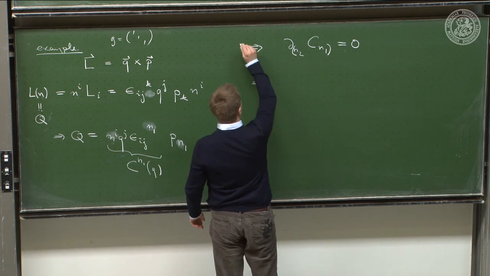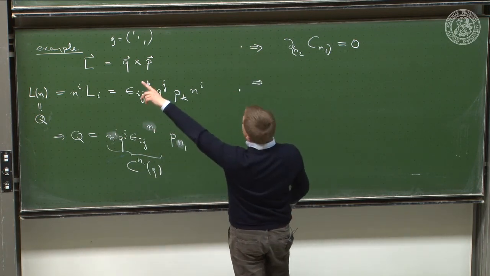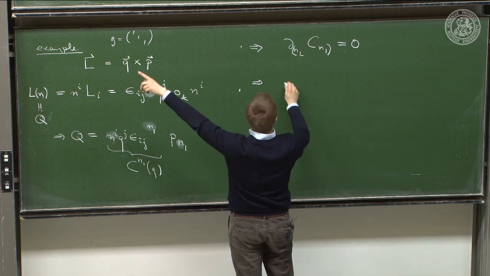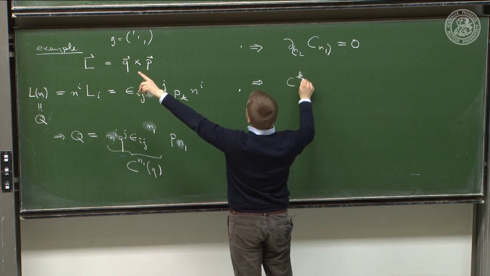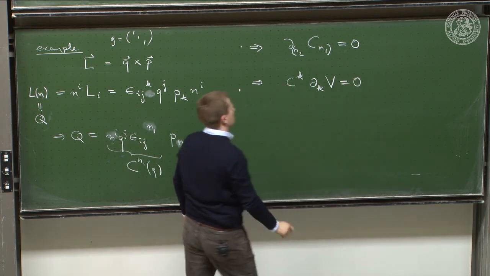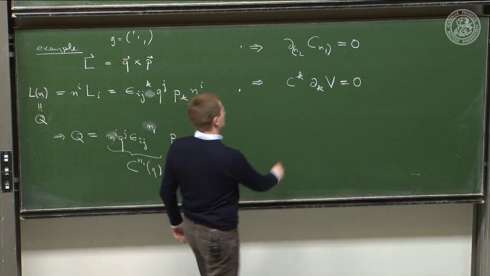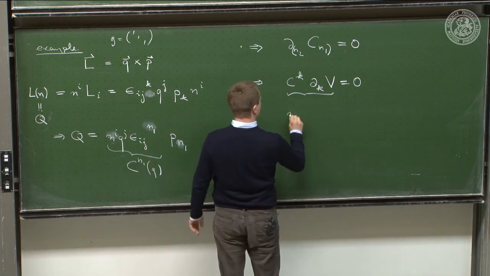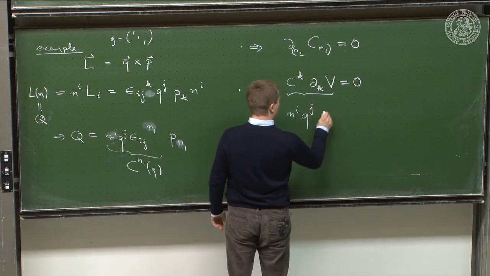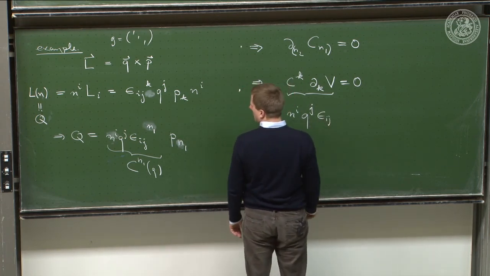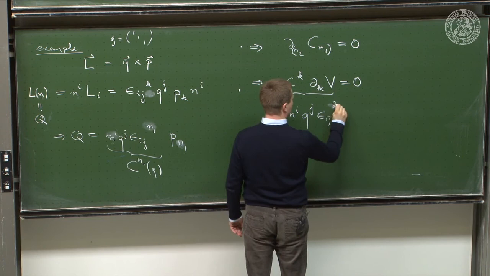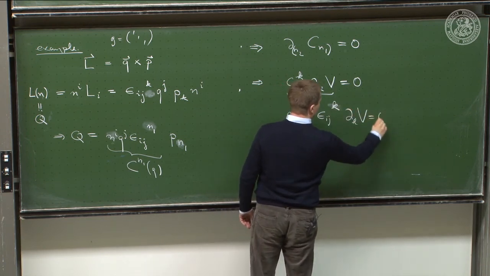So it also follows from the zeroth condition, which we shouldn't forget, because these are only the bigger ends: c^k del_k of the potential equals 0. And we know our c^k because our c^k is n^i for an arbitrary direction n, q^j epsilon_ij^k. Well, that's the k now again. Del_k V equal to 0.